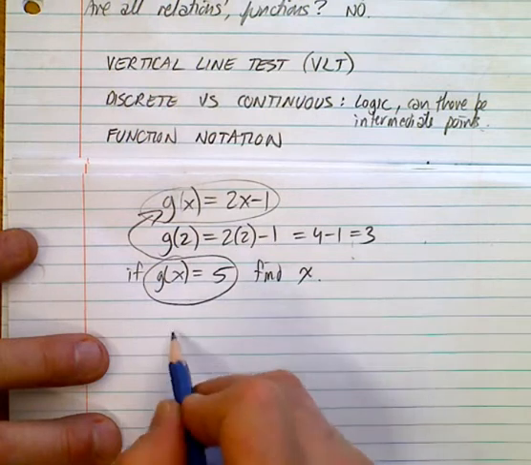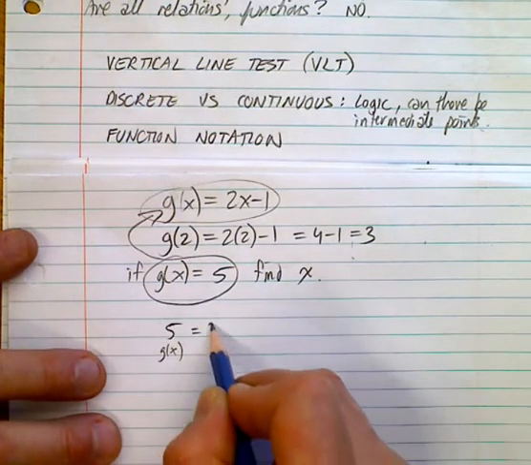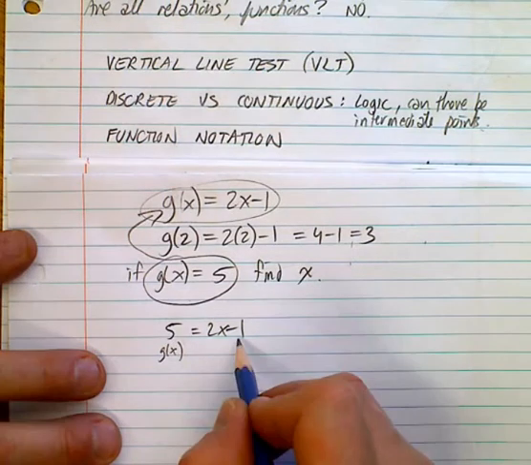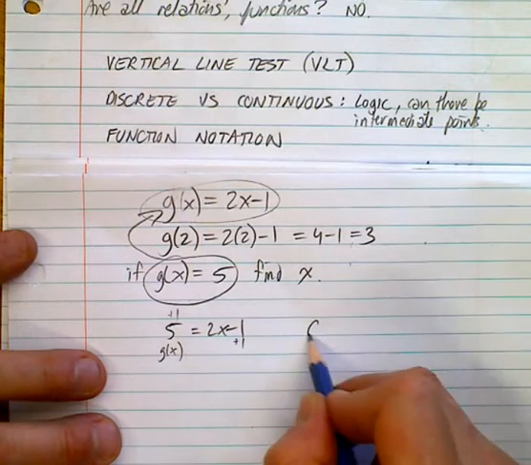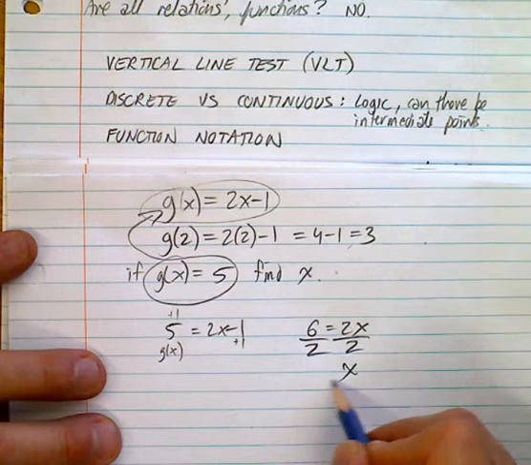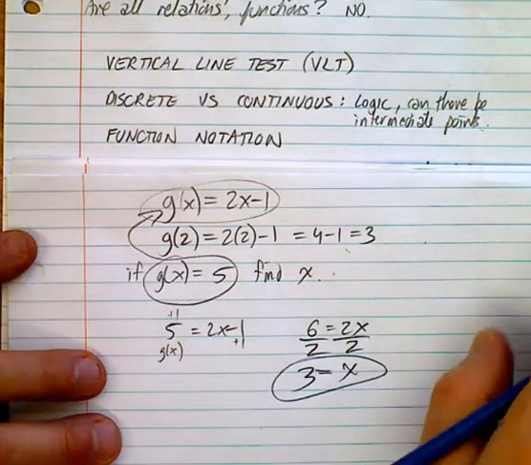So you have 5 equal to 2X minus 1. From that, you should be somewhat comfortable finding the solution to this equation. Add 1, so you get 6 is equal to 2X. The last step is that you divide by 2, and you get X is equal to 3. So this is how we do function notation.